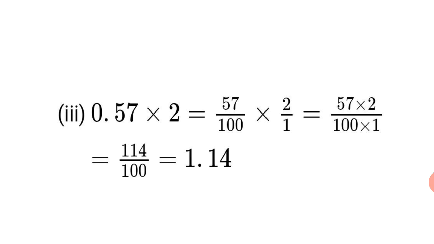Okay, now 0.57 we took upon 100 because after decimal point you see two places. So accordingly we are going to do for each and every sum. As many places after decimal point, that many zeros in the denominator. As many zeros in the denominator, that many digits after decimal point in final answer. Okay, it's very simple. By practice you will find it easy to solve.